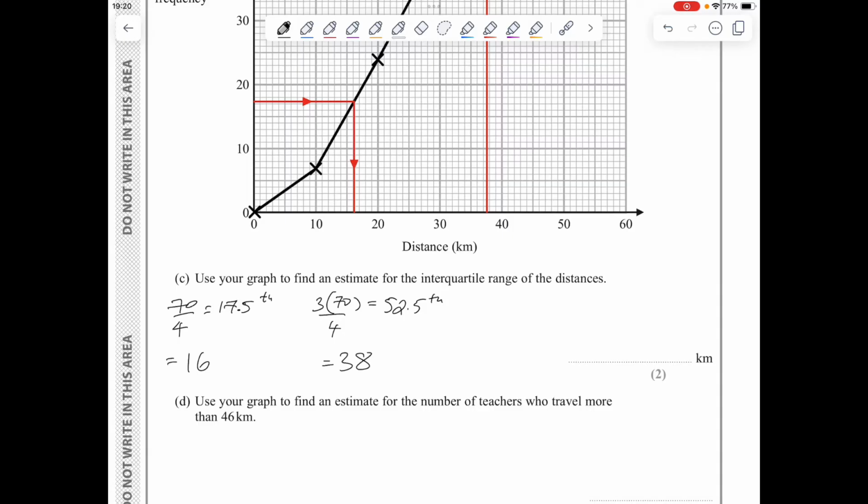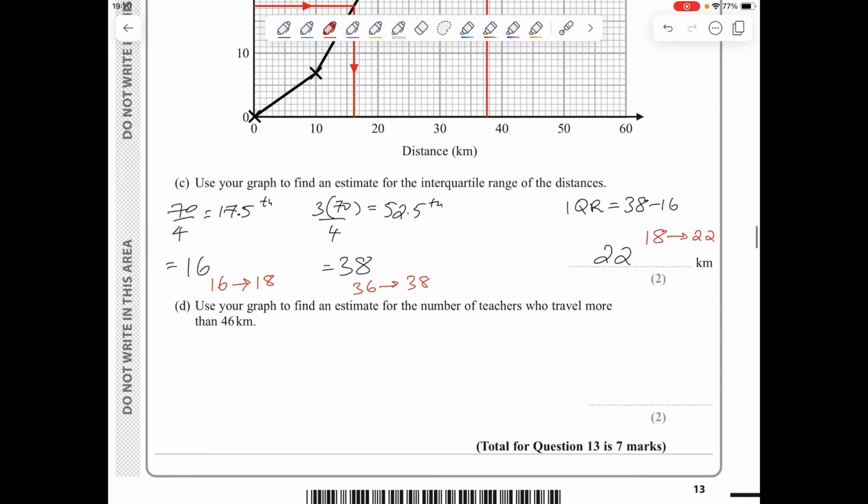Note that the mark scheme accepts a value for Q1 between 16 and 18, and for Q3 a value of 36 up to 38. So the interquartile range is the difference between Q3 and Q1, so 38 minus 16 which comes out to be 22 kilometers. The mark scheme accepts a value of 18 up to 22.